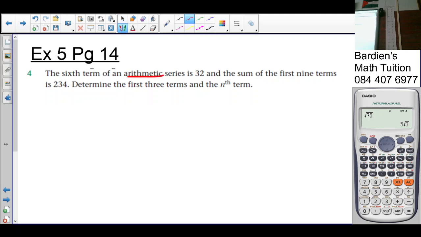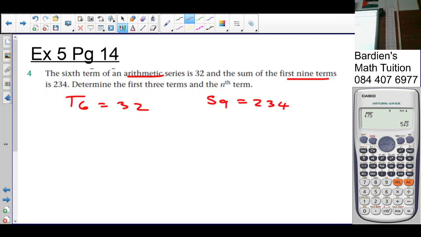So it's arithmetic, so I can only use arithmetic formula. Okay? The sixth term, so it's going to be T6 is 32. The sum of the first 9 terms. So what does that mean? S9 is equal to 234.